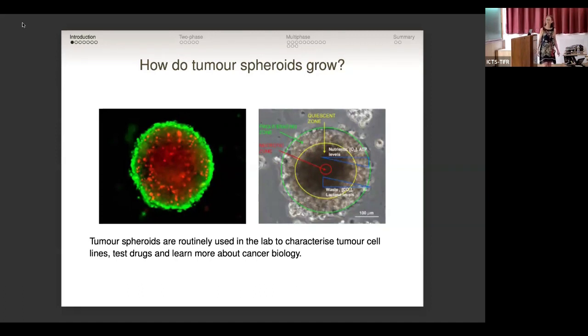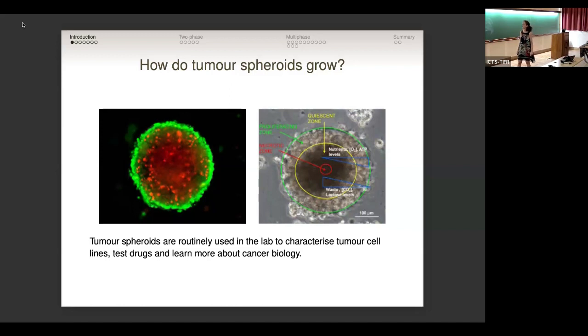So tumour spheroids are, I guess we all know, a centerpiece of many experimental labs, routinely used to characterize tumour cell lines, test drugs, and learn more about biology, and a lot of that is down to the fact that they grow reproducibly.